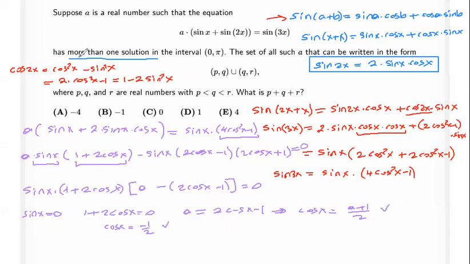Since we are told the equation has more than one solution, cosine x equals this number and cosine x equals that number, which means -1/2 and (a plus 1)/2 should be two different numbers. Otherwise, we have only one solution, which we don't want. In that case, we do know this cosine value could be anything between 1 and -1, because that's the cosine function in the region.